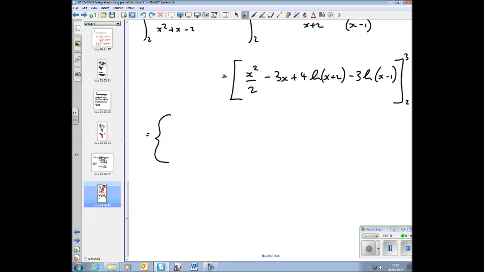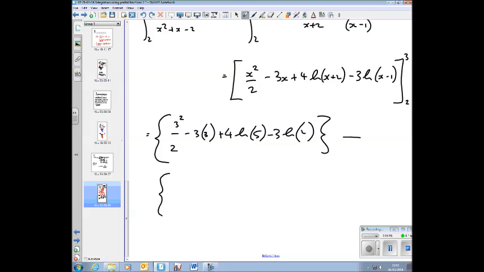So that would be 3 squared over 2, minus 3 times 3, plus 4 log 3 plus 2 is 5, minus 3 log 3 minus 1 is 2. So that's the first limit, and then I subtract the same expression with the bottom limit.